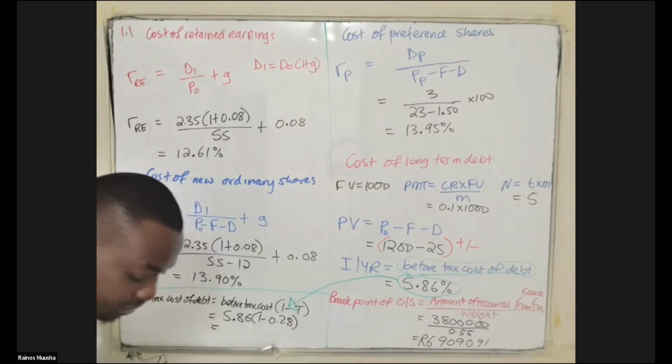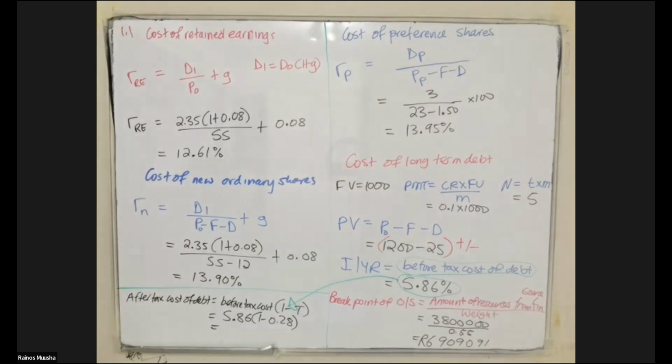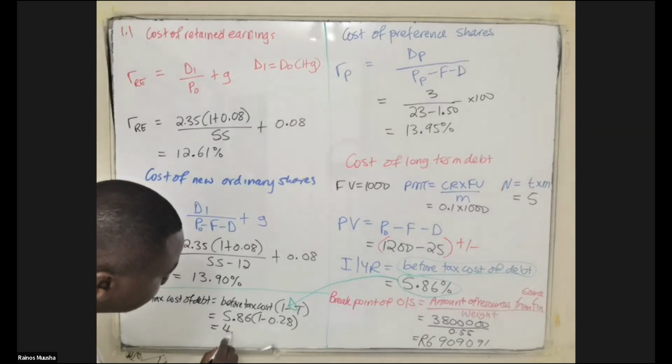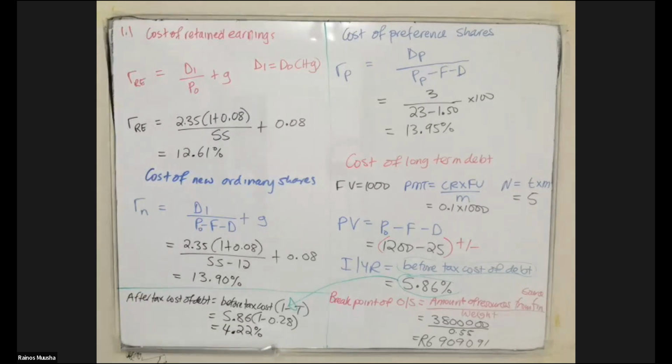So this will give us the after-tax cost of debt. If you do the calculation there, you must be able to get a figure of 4.22%.